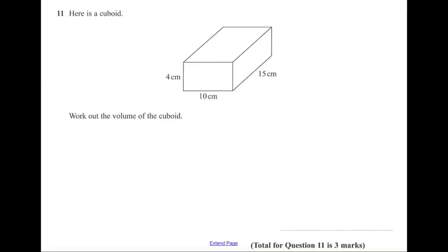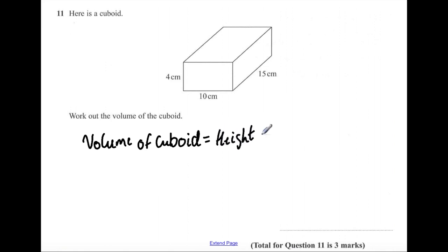Question 11. Here is a cuboid. Work out the volume of the cuboid. To work out the volume of the cuboid, what we need to do is to multiply the height times the width times the length. So let me just write that down. Volume of a cuboid is equal to the height times the width times the length.